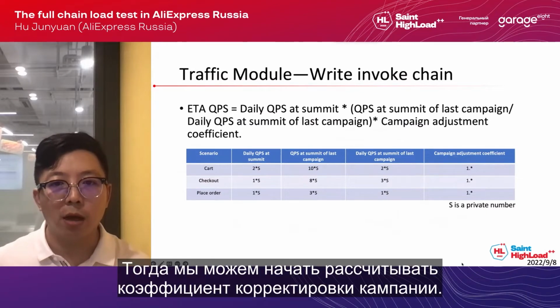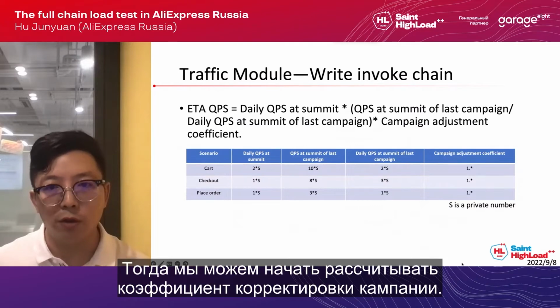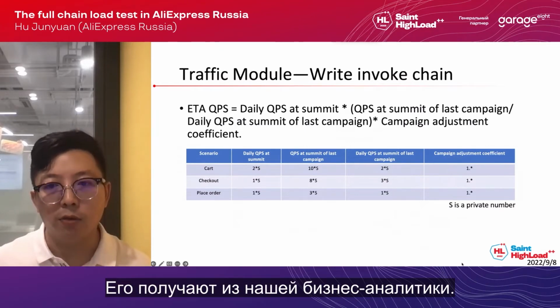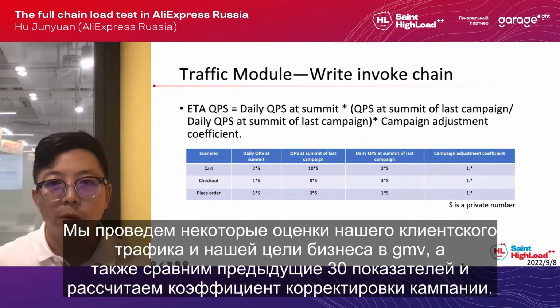Then we can start to calculate the campaign adjustment coefficient. This comes from our business intelligence. We make some estimations of our customer traffic and our business GMV target, and also compare with the previous indicators, to calculate a campaign adjustment coefficient.